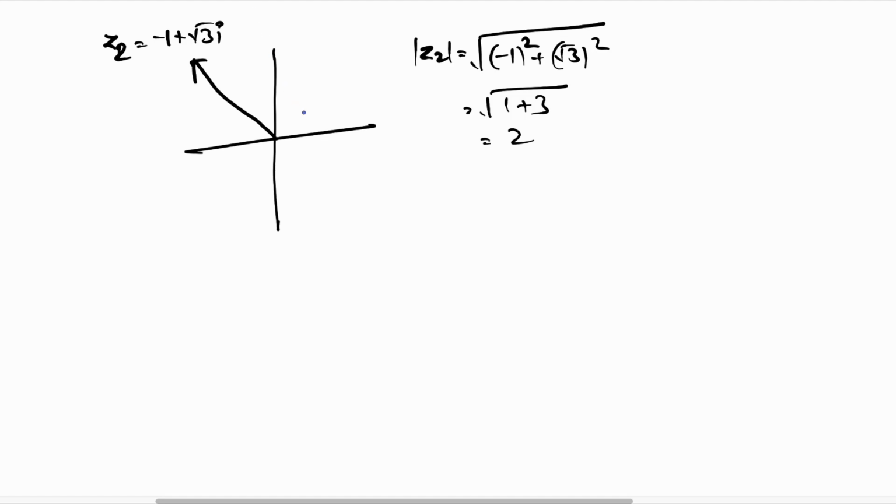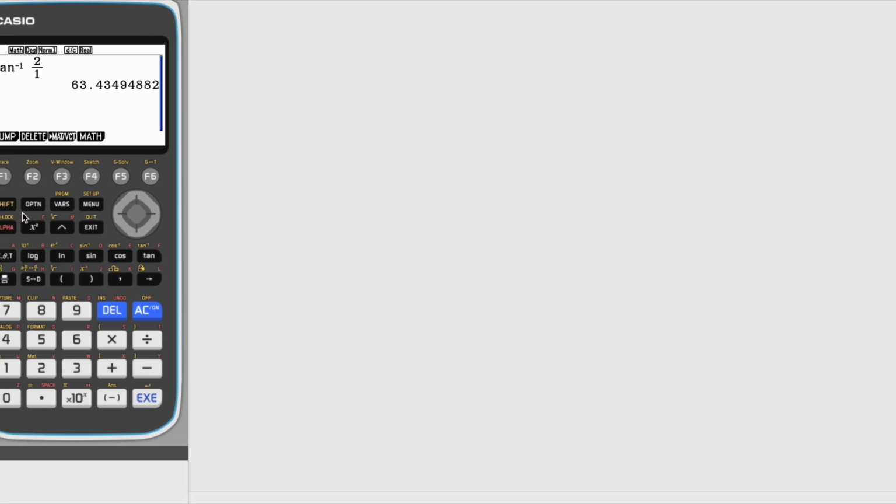Now the argument is again the angle made with the positive real axis, which is this blue angle denoted in this diagram here. In this case, I'll directly find the argument in the GDC. I'll press options, complex, and then ARG argument, and open and close a bracket.